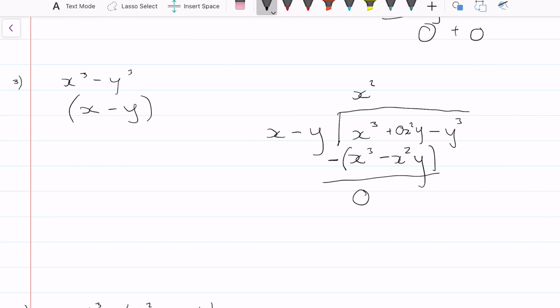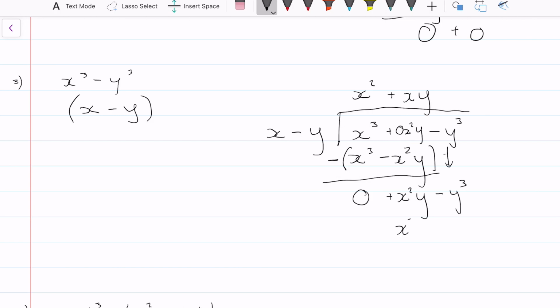Okay, so then 0 x squared y minus x squared y gives us a positive x squared y, and we're going to bring that minus y cubed down, so we're going to get minus y cubed. Okay, now we need to multiply the invisible term by a positive xy.